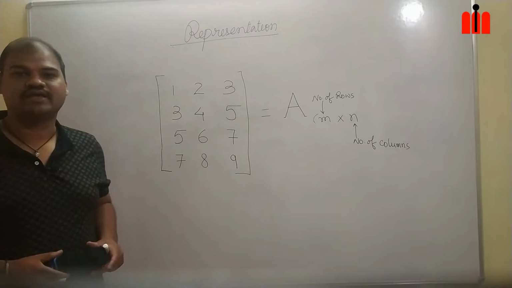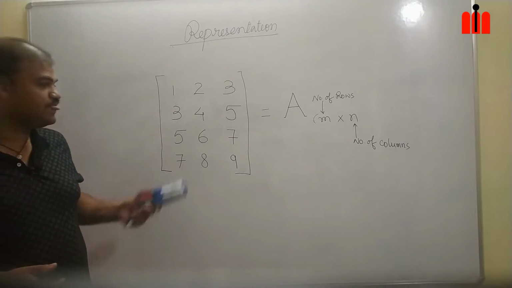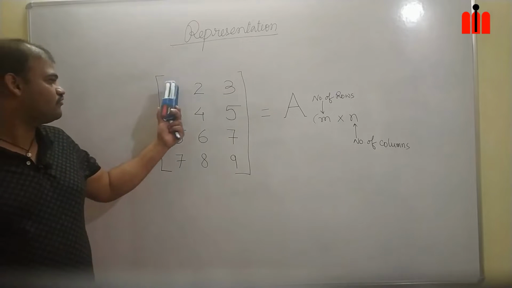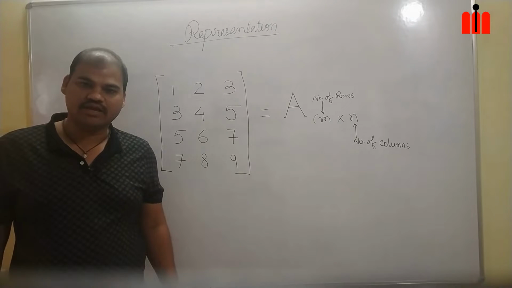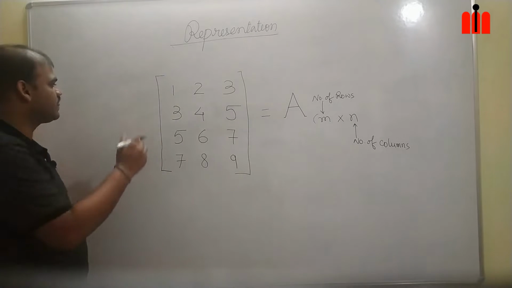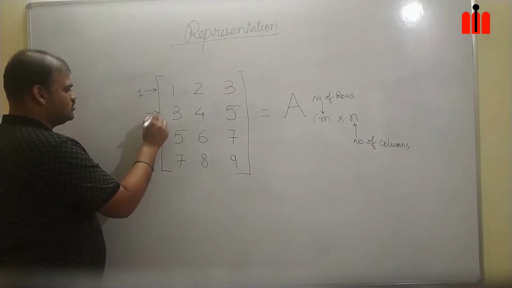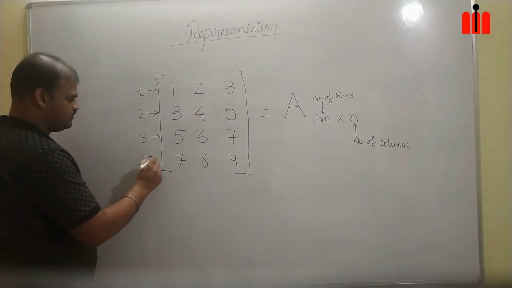And it is arranged in an elegant fashion where the number of rows are 4, number of columns are 3. Okay, so let's see here. This is our row number 1, number 2, number 3.